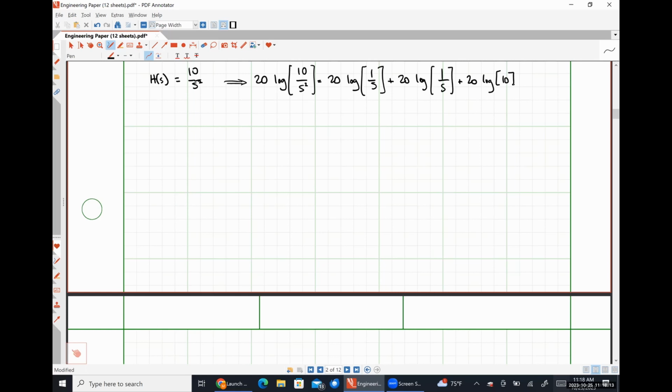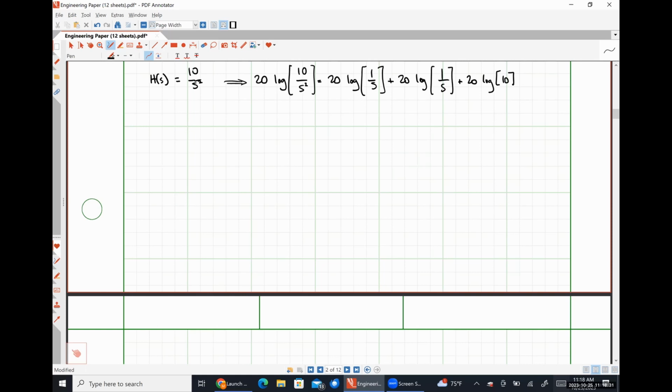So effectively, if I want to determine the frequency response for this thing, it is just the frequency response of these three individual parts added together, literally added together point by point, okay?